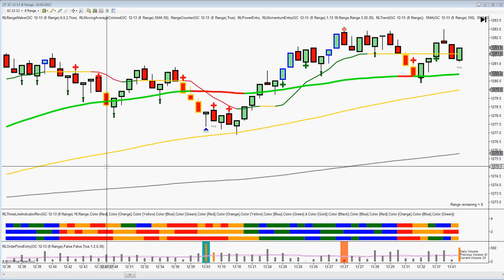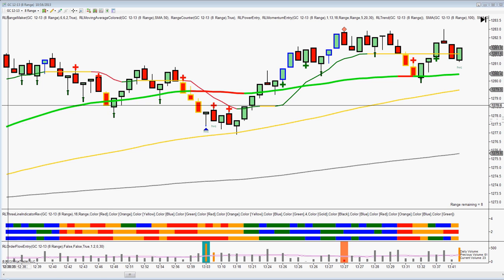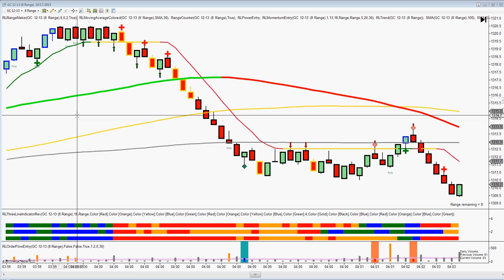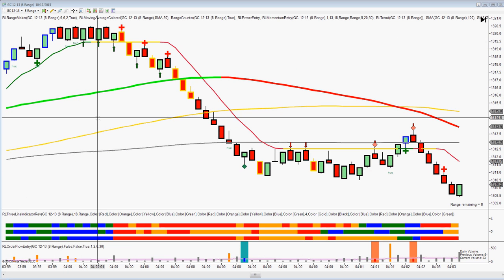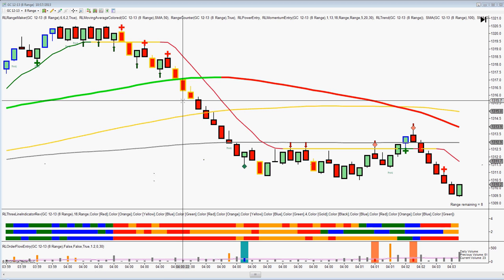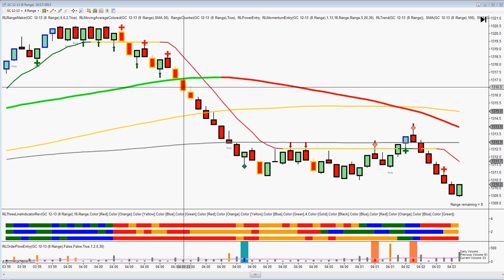Now here's the next signal we're going to look at, and this is the three-line indicator signal. Now these signals are best taken right around the 50. Now they usually come as confirmation signals on your power entry, your ABC continuation, or your momentum signal.